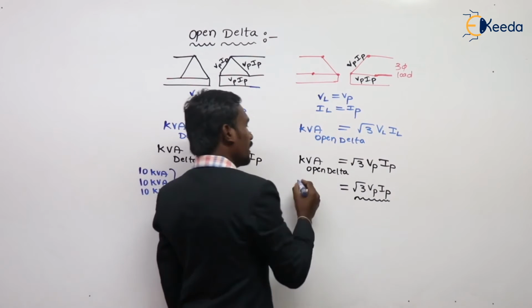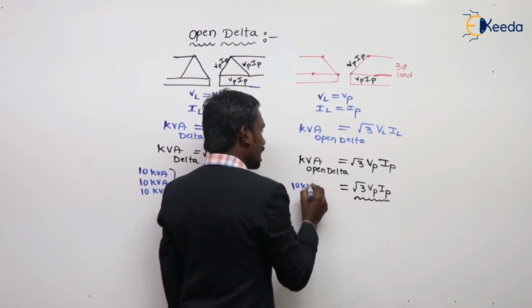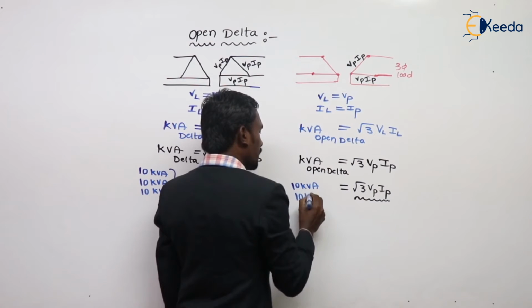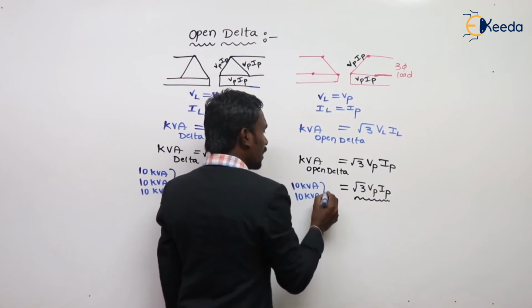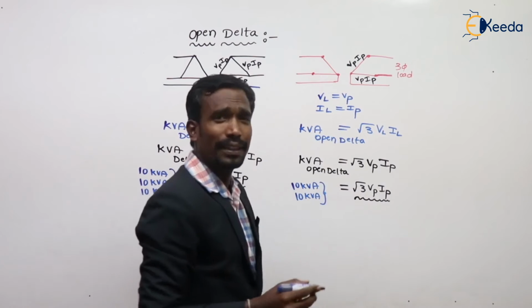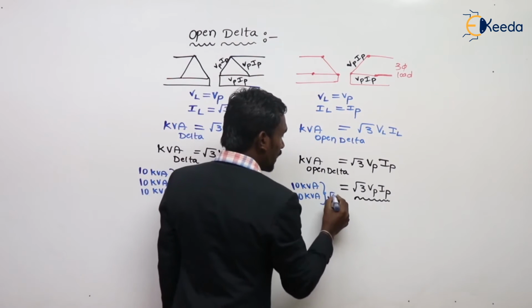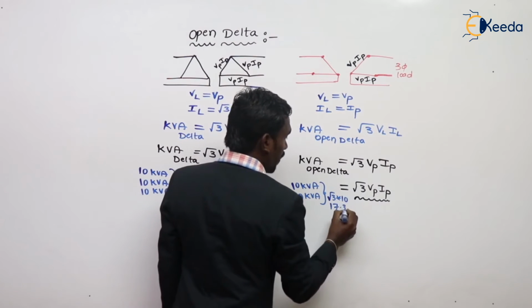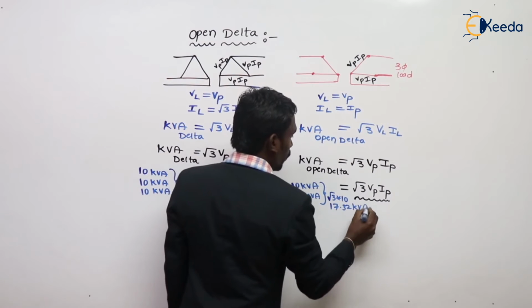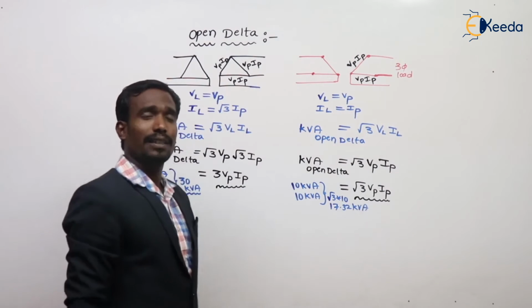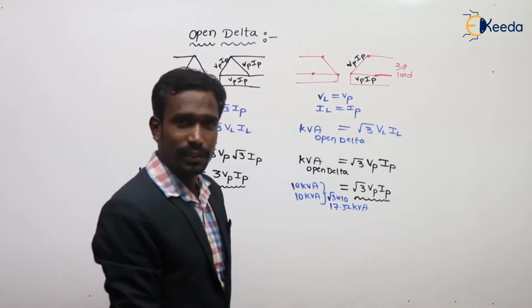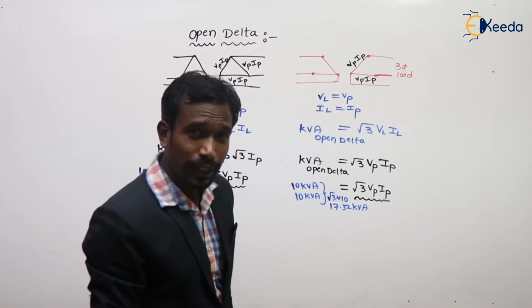But for open delta, with each transformer 10 kVA, the load shared is not 20 kVA. This is root 3 times 10 kVA, nothing but 17.32 kVA only. Remember this. Are you okay?